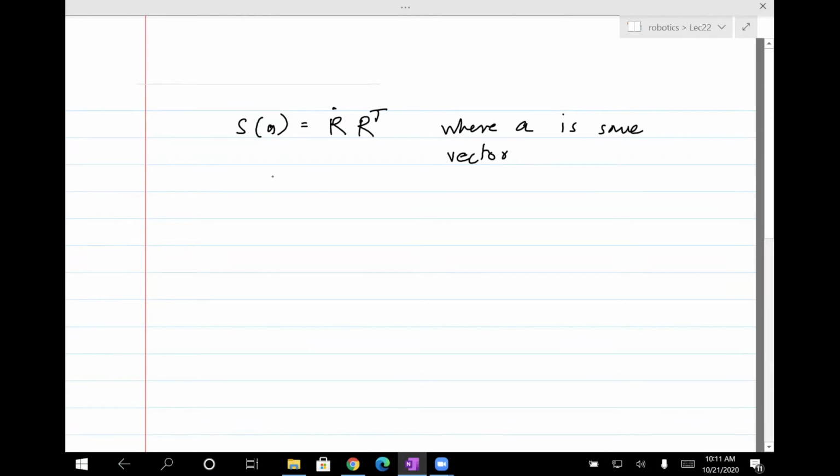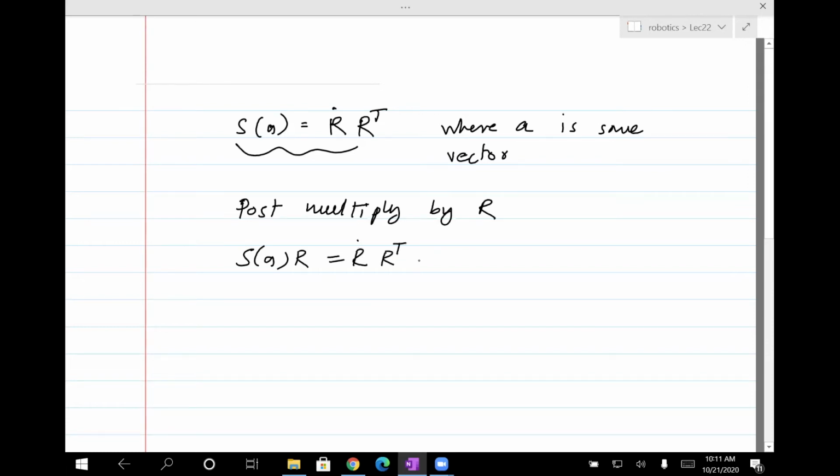Now, let me just rewrite this, since sometimes people like to use this form. I'll post-multiply both sides by R. So I get S of A times R equals R dot R transpose R. But then R transpose R is simply the identity matrix.